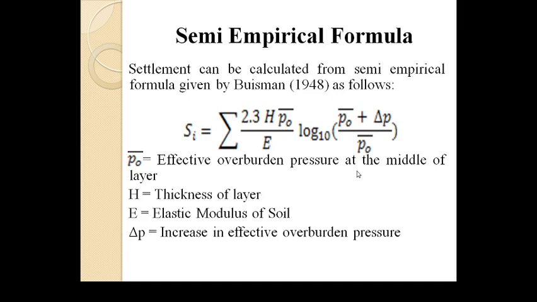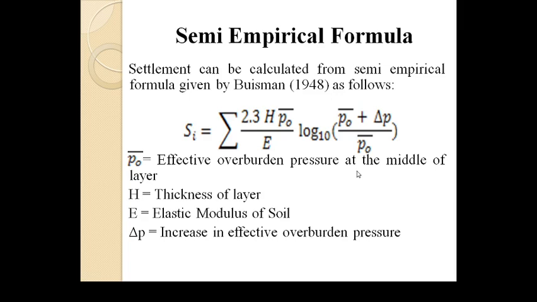A semi-empirical formula was given by Buisman to calculate the settlement of cohesionless soil, which is almost the same as the equation given in the previous slide where calculation of settlement was done from static cone penetration test data. Here SI is the summation of 2.3 H P0 bar divided by E into log 10 (P0 bar plus delta P) by P0 bar.